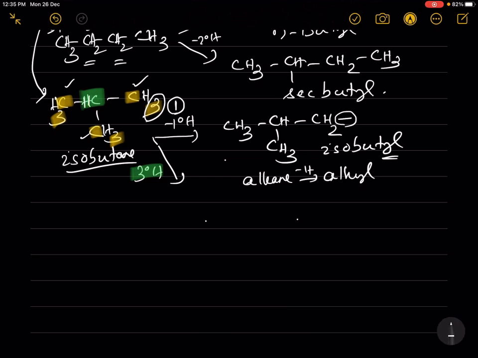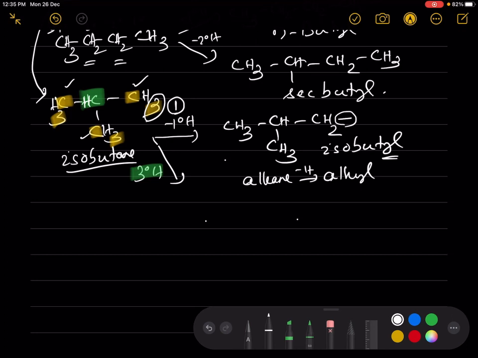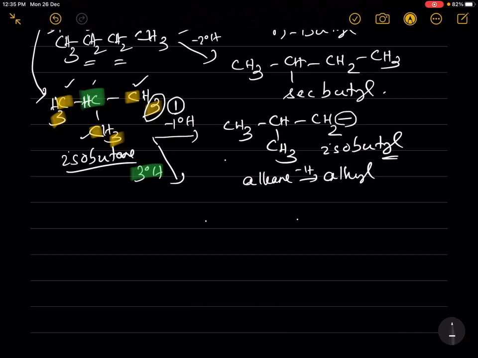So no need of thinking about any other structure. So you have to remove this hydrogen atom. So you will get CH3, you have written this CH3, then bond C. You see the H is not here. Why? Because you have removed this tertiary hydrogen atom, then CH3, then CH3.